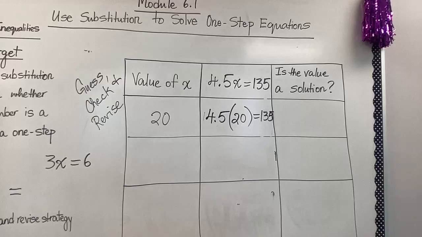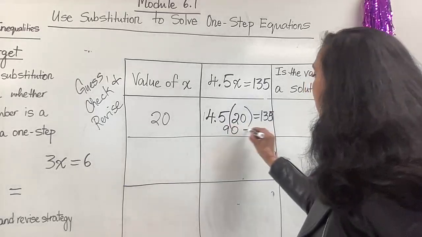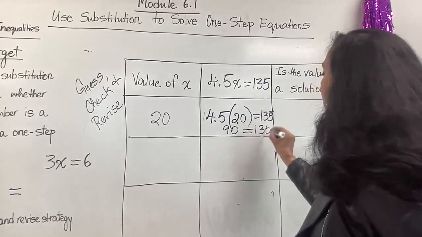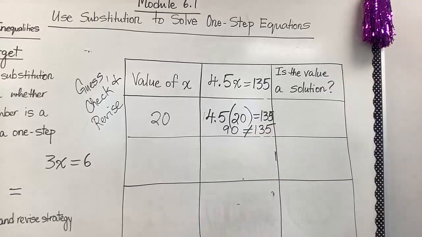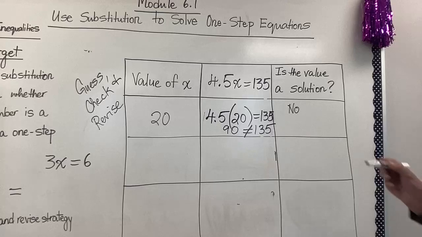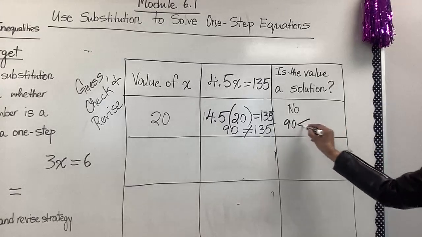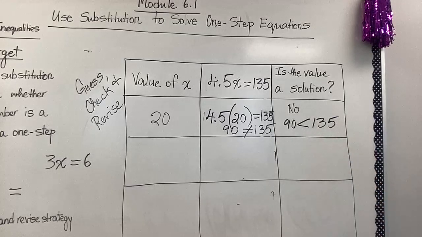So when I do 4 and 5/10 times 20, I'm going to get 90. Is 90 equal to 135? No, it is not. Okay, so is this a solution? No. Why? Because 90 is less than 135. It is not the same. And therefore the value of x is too small.